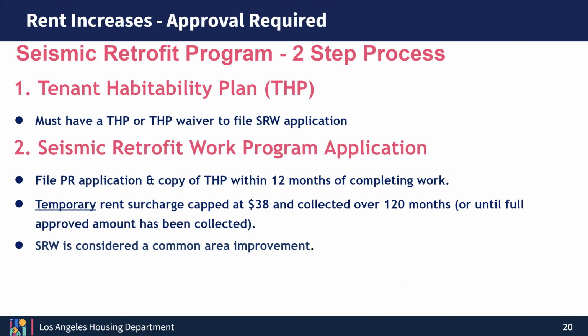Seismic retrofit program also requires approval from the department, and it too requires a tenant habitability plan. Once the work is completed, the owner must file an application within 12 months of completing the work. And if approved, they will be allowed to apply a temporary rent surcharge at a maximum of $38 per month, collected over a period of 120 months or longer if needed to collect the full amount that the department will authorize the owner to recover from the tenant.